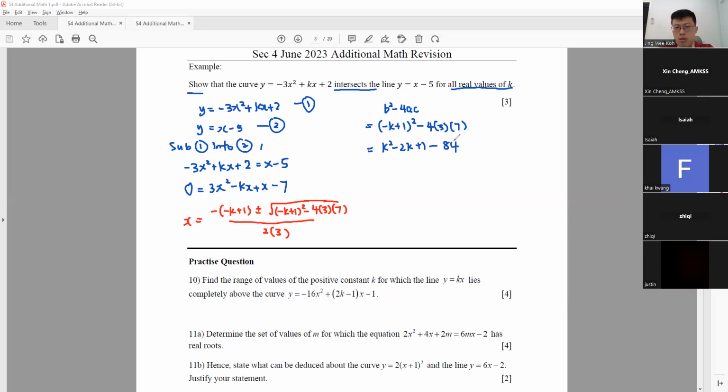Okay, they would intersect. It's always positive. Correct or not? Isn't it plus 84? Plus, it's negative 7, also negative 7. Okay, so this is negative 7, so this is plus 84.